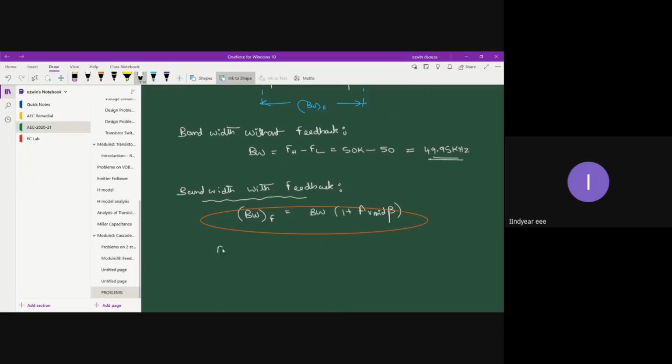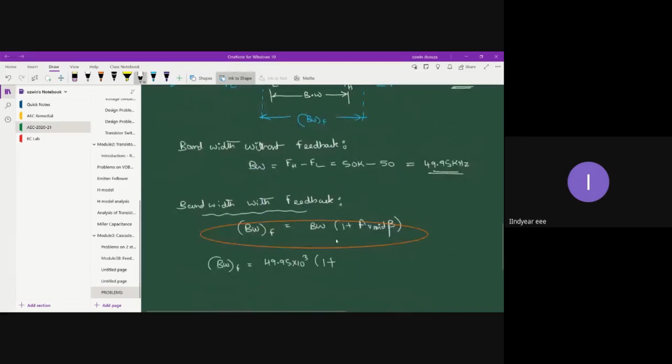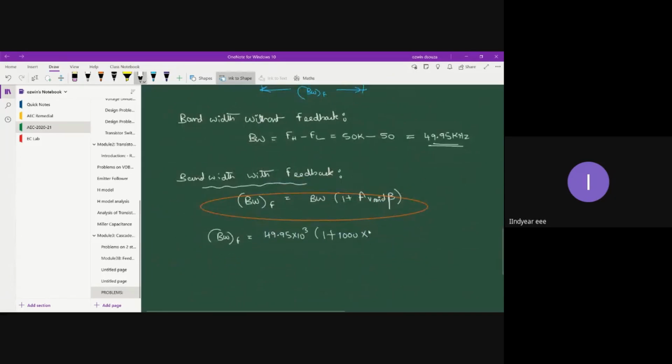So let's calculate. Without feedback, the bandwidth was 49.95 kilohertz into 1 plus AV mid. AV mid is given as 1000 into beta. Beta is given as 5%, so it is 0.05.